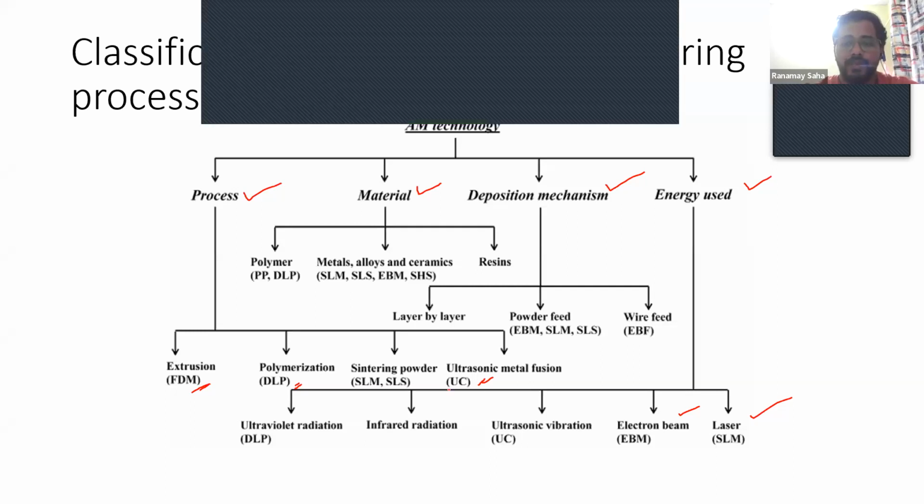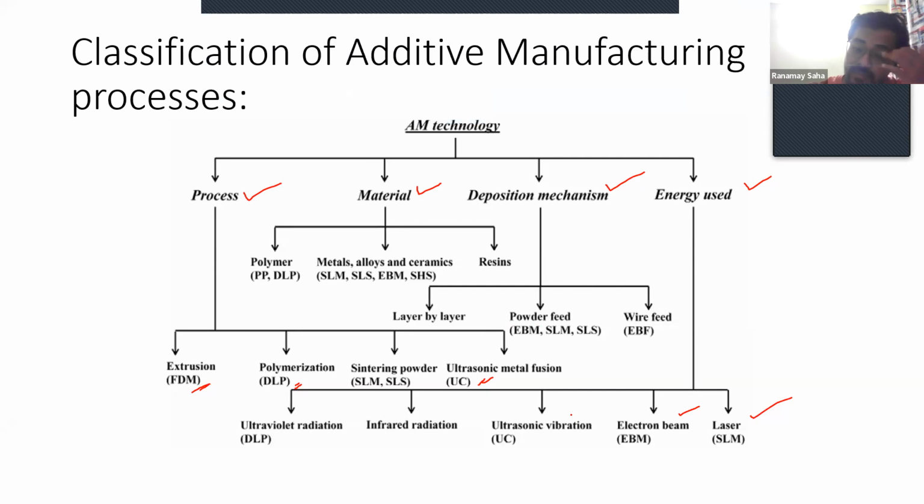So we were here, and then we were discussing the classification of AM technology based on energy used. We may have laser based AM processes as in SLM. Okay, we may have electron beam based AM technologies as in EBM.